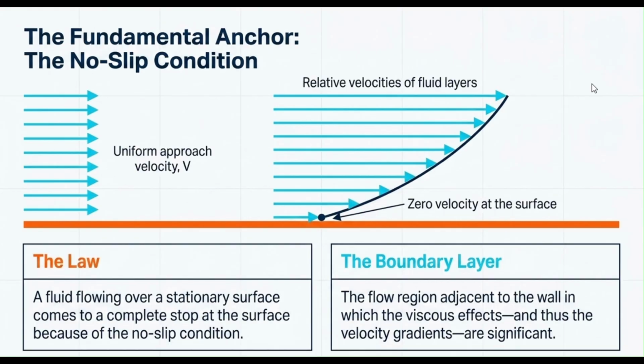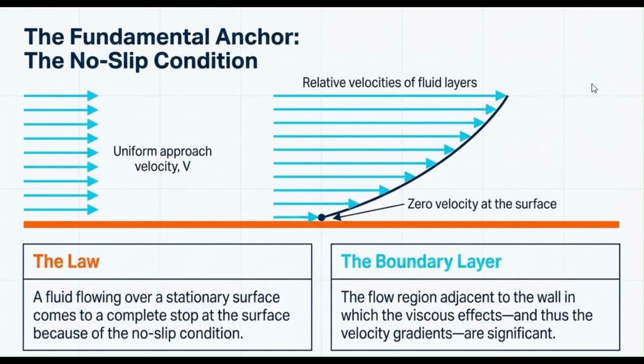In other words, the fluid layer adjacent to the wall will stick onto the wall and will not move along with the rest of the fluid. That is why it is called the no-slip condition.